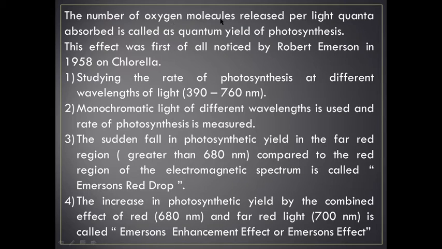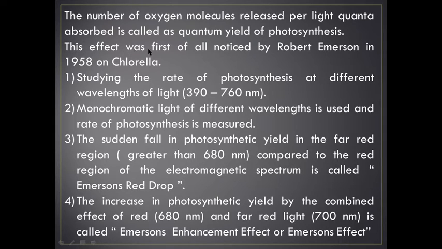The number of oxygen molecules released per light quantum absorbed is called the quantum yield of photosynthesis. That means how much oxygen is evolved and how much light is captured by the plants.